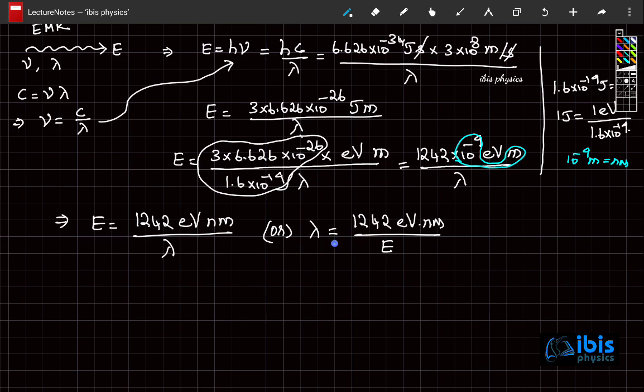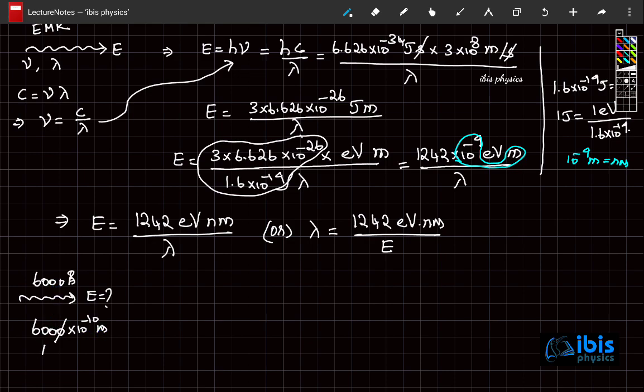But suppose you want to find the energy of a radiation of wavelength 6000 angstrom. If you want to find the energy, you have to substitute lambda in nanometer. 6000 angstrom means into 10 power minus 10 meter. If you cut one 0, it becomes 10 power minus 9 meter.